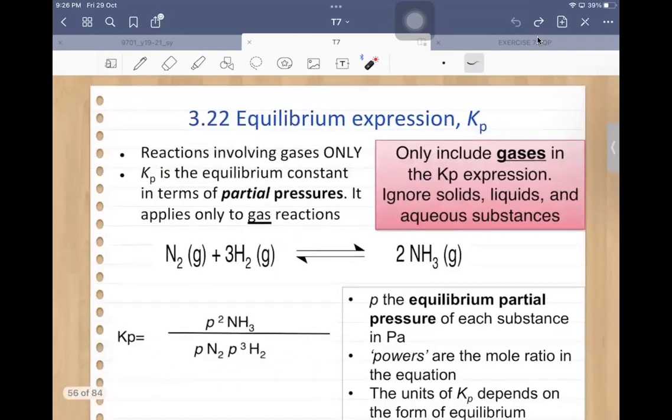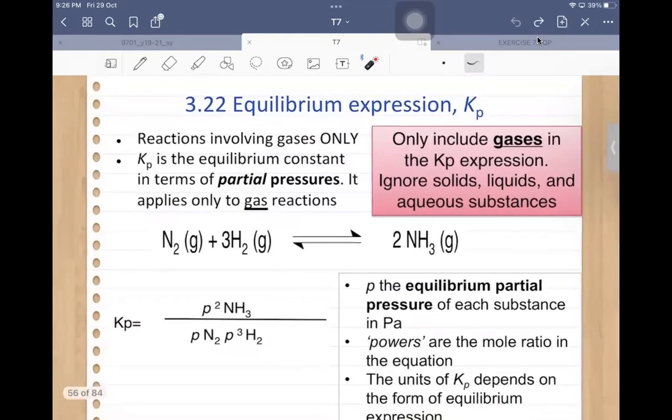Now we look at the equilibrium expression Kp. It is similar to your Kc, except that now we are looking at partial pressure instead of concentration. When we're talking about pressure, we should only be looking at reactants and products that are in gas state.